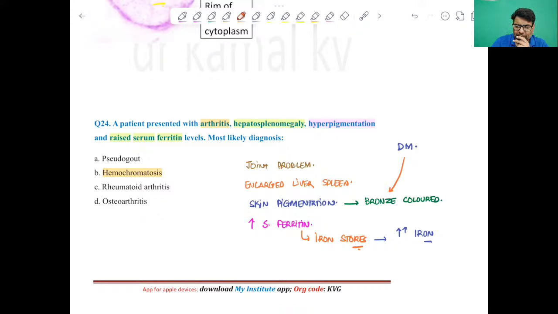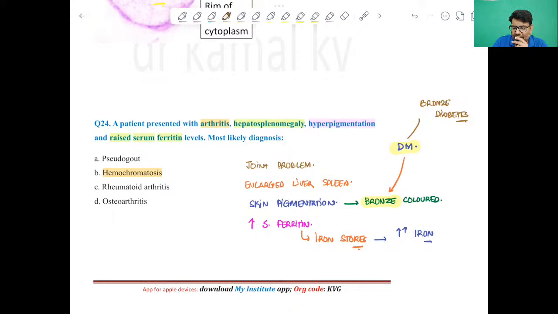So there is bronze color of the skin and there is diabetes. So this condition is also known as bronze diabetes. Clear? So this is a classical presentation of hemochromatosis.